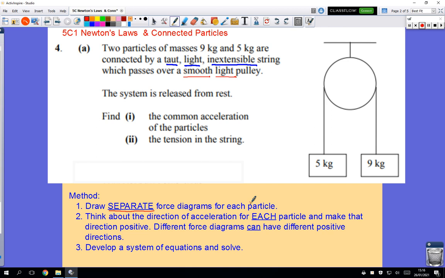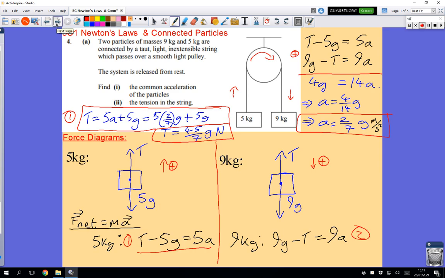Develop a system of equations and solve. So this force diagram had an up positive direction, this one had a down positive direction, because that's the direction I thought acceleration would take place, for the 5 kilogram and for the 9 kilogram. Once you have your two equations, just solve those like your simultaneous equations from junior cert.